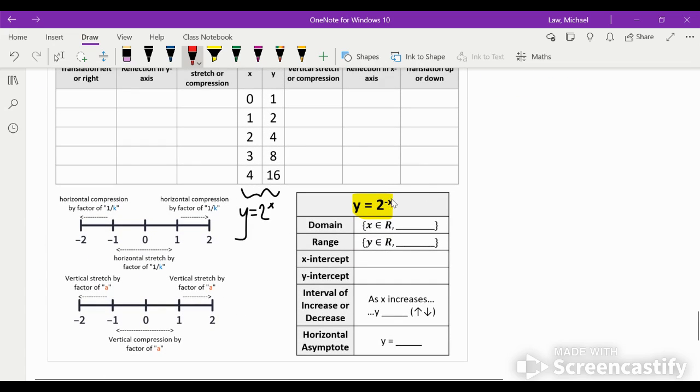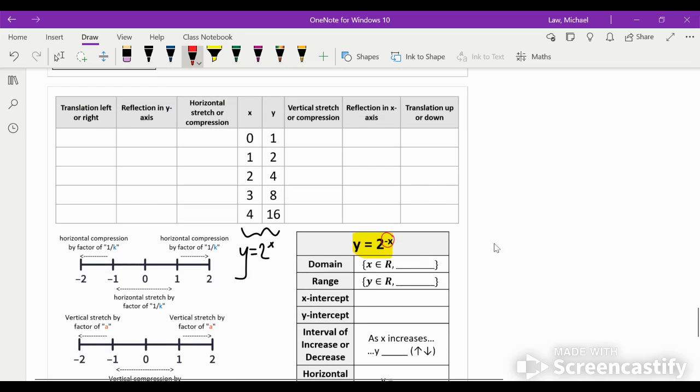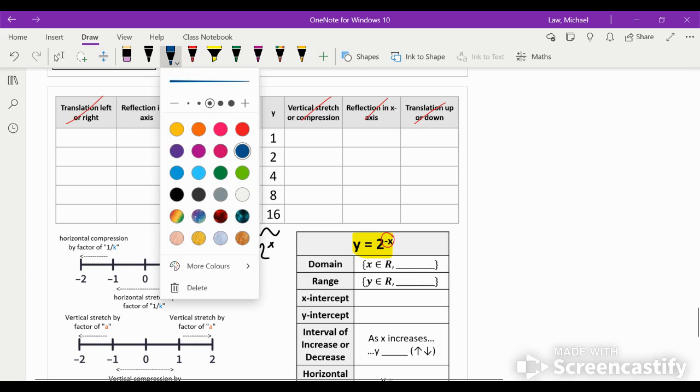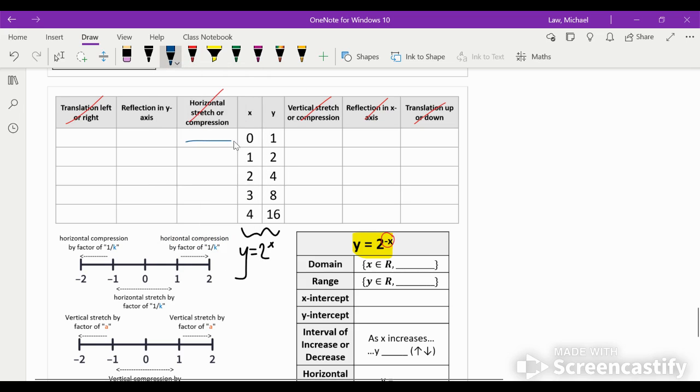Now, from before, we know that there is a reflection in the y-axis. So that means we can strike these items out since they're not applicable. When you are reflecting something in the y-axis, the x-coordinates change, and you're going to multiply them by -1.